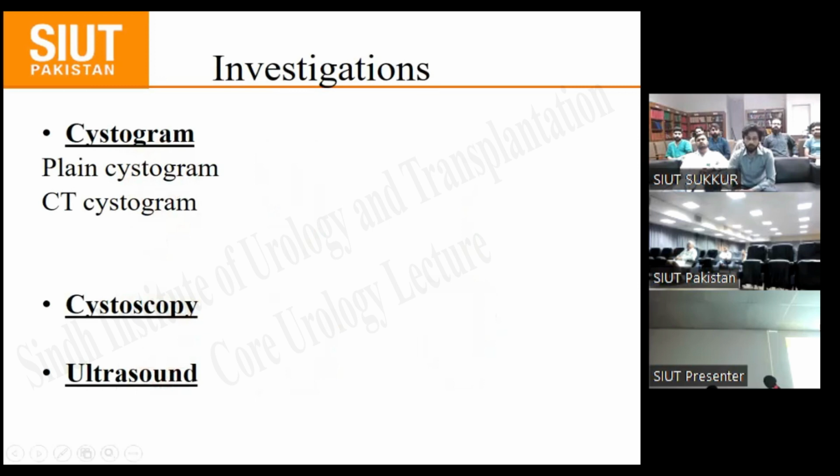So coming to the investigations, basically there are three modes of investigation which can be used. Cystogram, which we perform often, can be of two types: plain cystogram and CT cystogram. In certain circumstances, we may also have to perform cystoscopy or ultrasound to confirm our diagnosis.